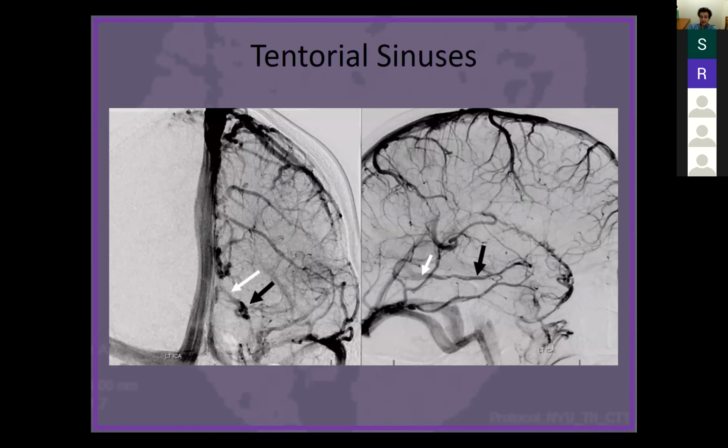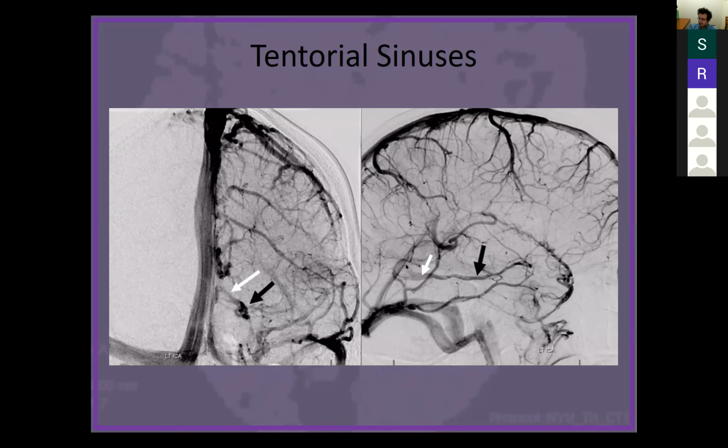More on the tentorial sinuses. We've covered that a lot for the posterior, the galenic group, but you can have them anywhere. So here is a person, this is the basal vein, right? You can see how this basal vein, instead of coming up into the Galen, happens to be going to join the straight sinus, but it does it in a little bit of a different way.